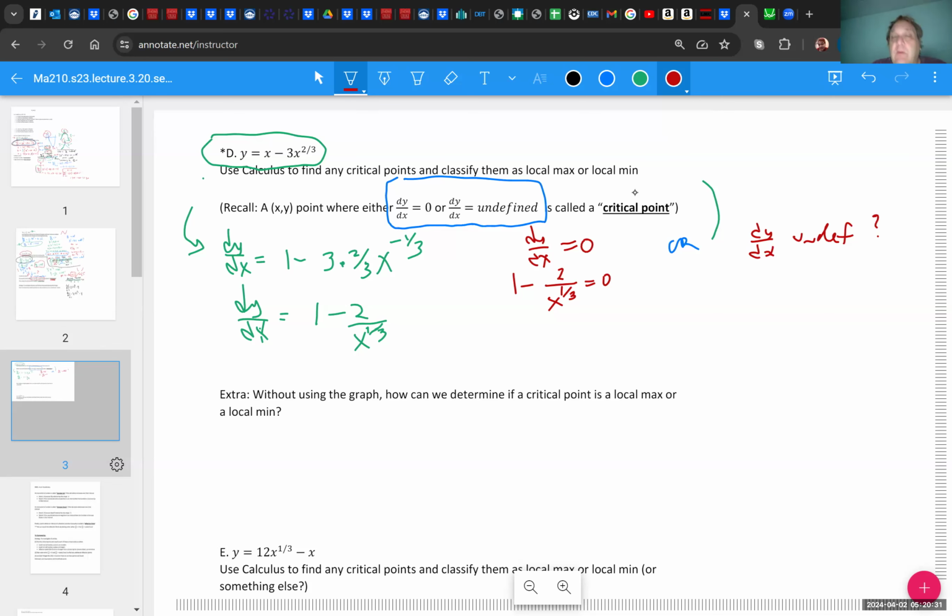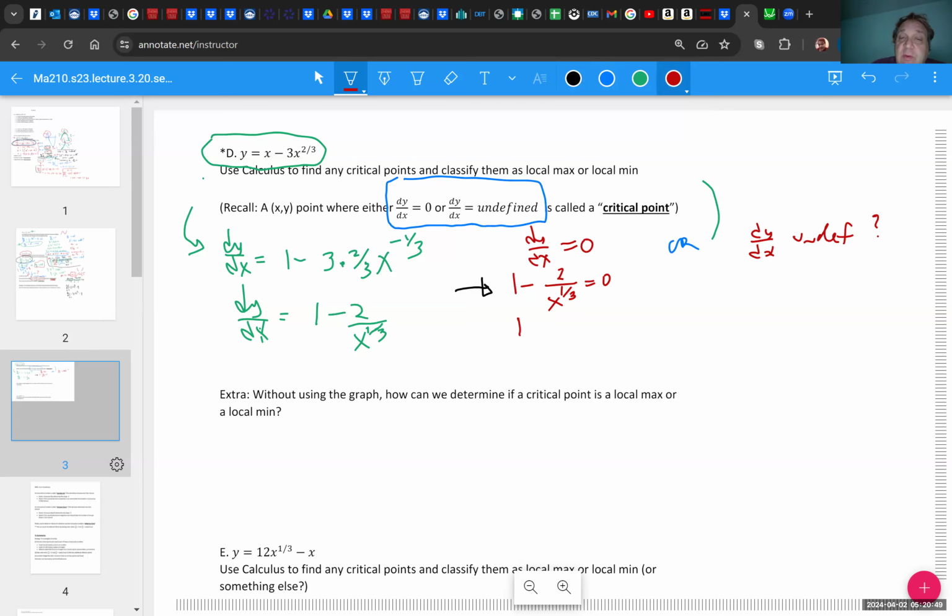Okay, so let's do both of those so we can find the critical points. So we have an equation here on the left-hand side, 1 minus 2 over x to the 1/3 equaling 0. And there are different ways of solving this. So use your particular method.